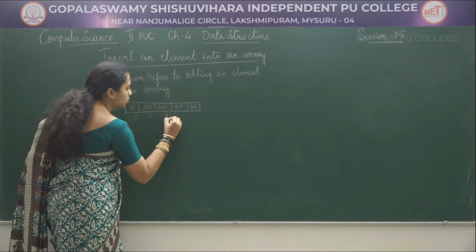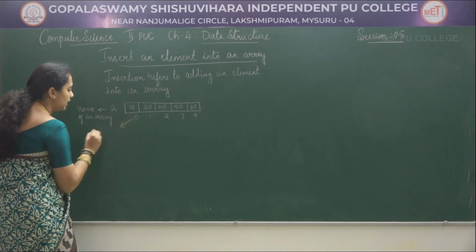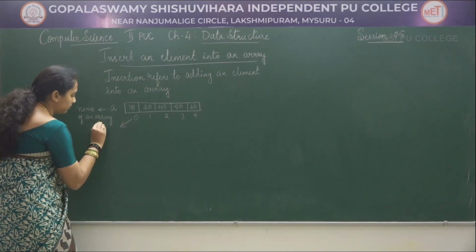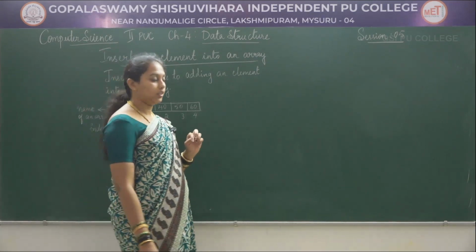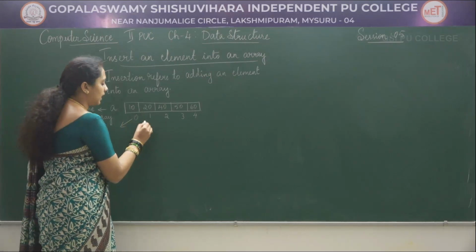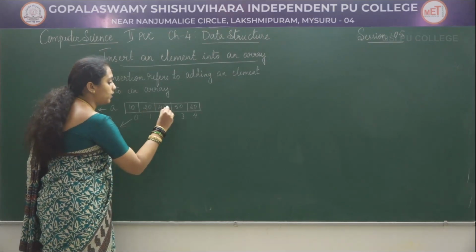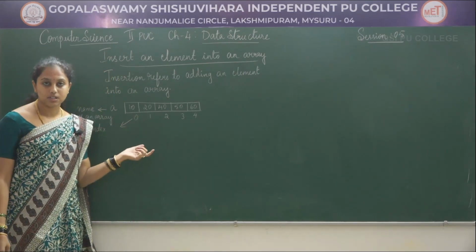Zero, 1, 2, 3, 4. So these are all the indices of an array. In this array, the array contains 10, 20, 40, 50 and 60 as its elements.